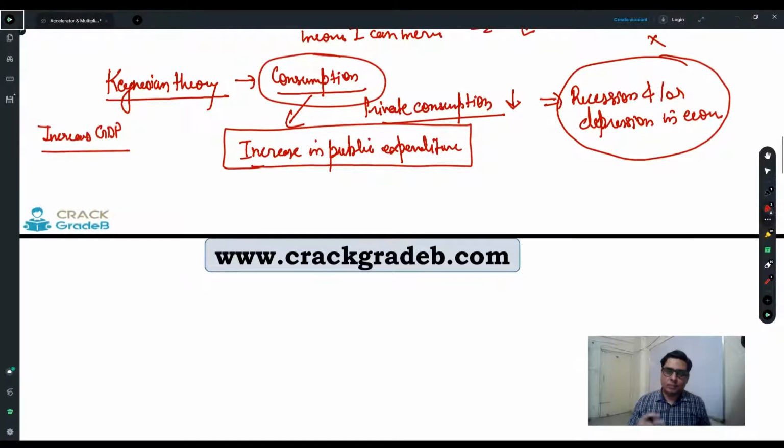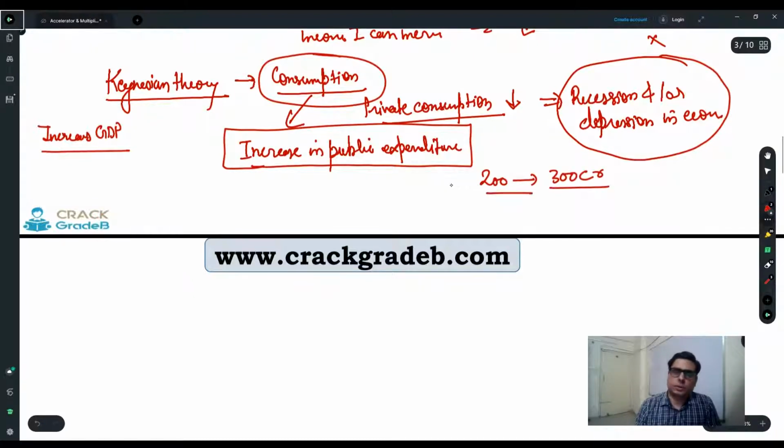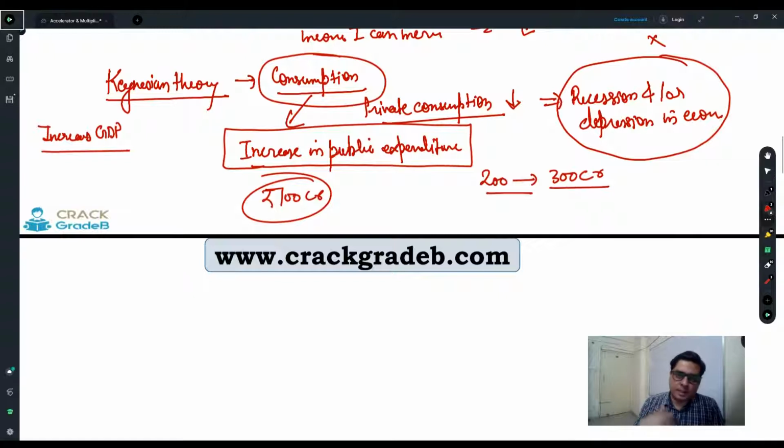So whatever spending is being done by the government, definitely it is going to increase, right? Suppose that earlier the government was spending 200 crores. Now the government is saying that we are going to spend 300 crores. So government spending is increased by 100 crores, right?